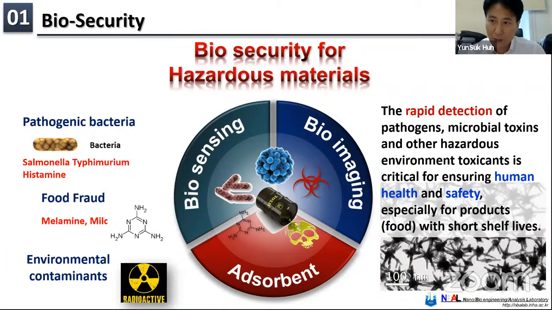harmful substances in food. The safeguard can be divided into three categories: biosensing, adjunct materials, and bioimaging sections. The safeguard can be divided into three steps according to the level of coping. The first step is to monitor and detect the target materials in advance.